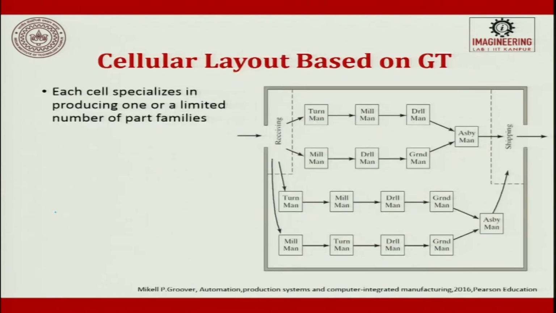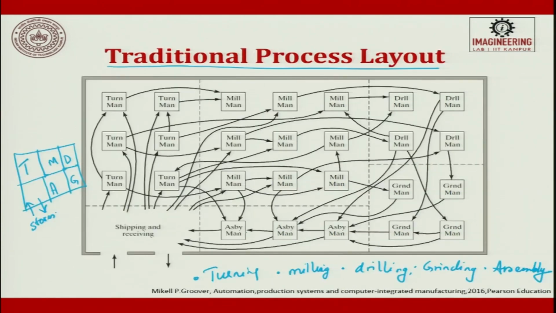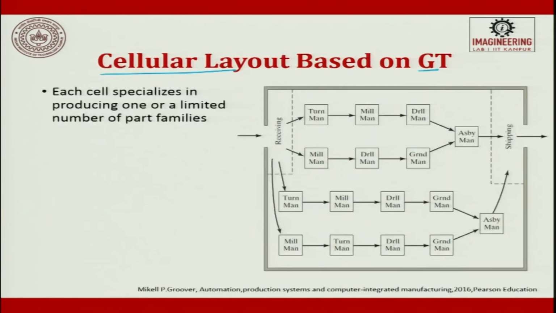Now, when we talk about cellular layout based on group technology, if you go back and see, there is a zigzag or back and forth movement of materials between machines to meet the output. So, now what I have done is, I have wisely made several groups. The grouping is being made depending upon their part family.